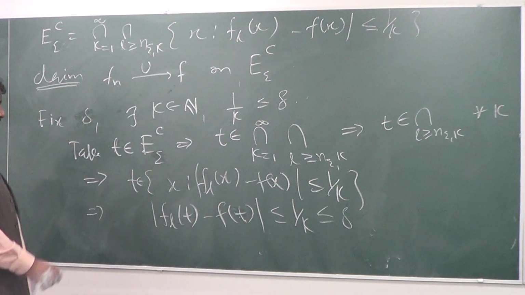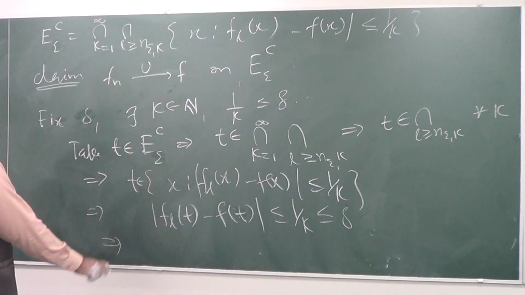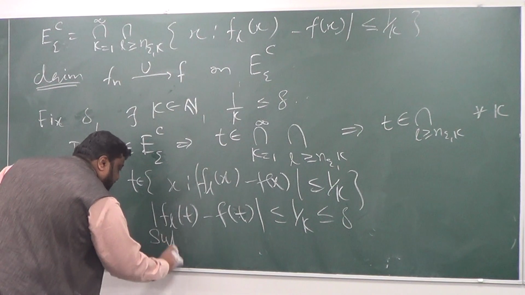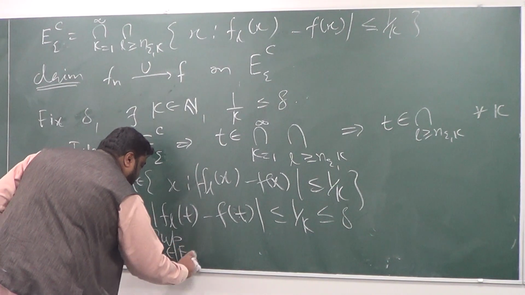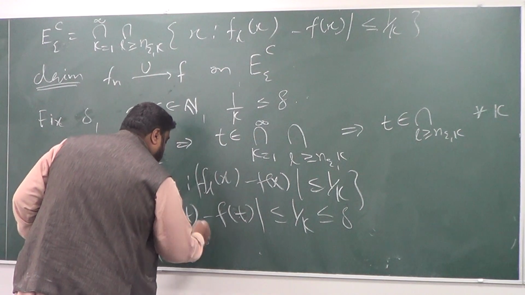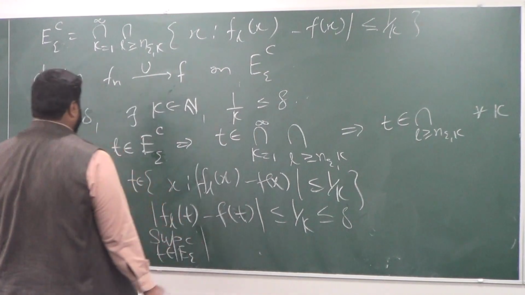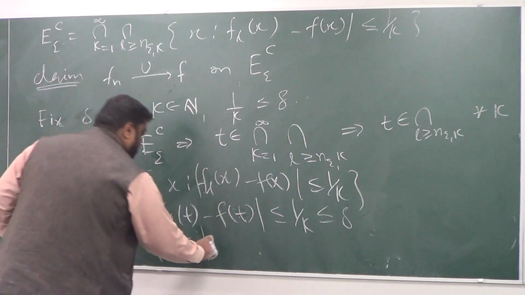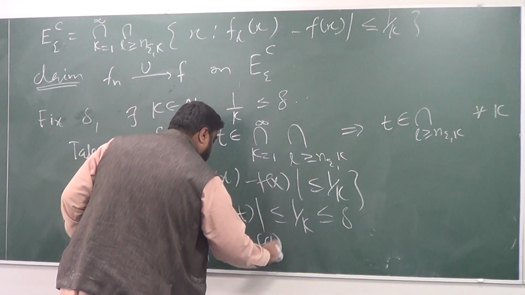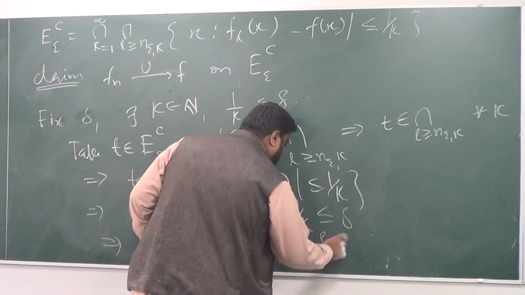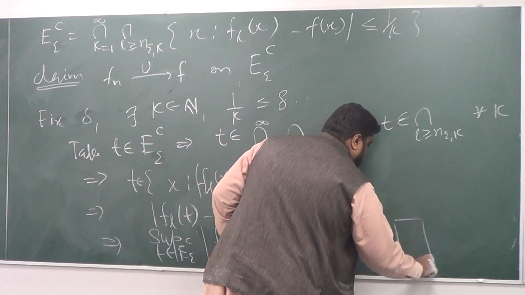So just take the supremum over t in E epsilon complement, and f_L of t minus f of t is less than or equal to delta. It's completely true.